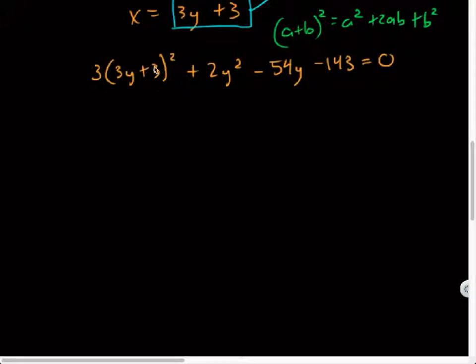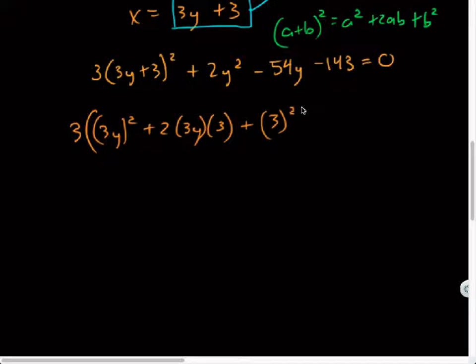You also could have written 3y plus 3 times 3y plus 3 and foiled it or double distributed. So 3 times, still on the outside, right, (3y) all squared. And I'm going to write this whole step out, even though maybe you could do some of the simplification in your head. 2 times ab, or 2 times 3y times 3, plus b squared, which is 3 squared.